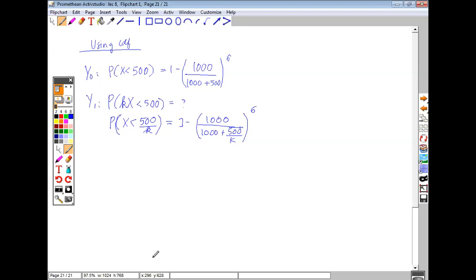If we ignored, we have to keep the 500 constant, then basically we multiply and divide by k. So it will become 1 minus 1000k upon 1000k plus 500. So will our new lambda be 1000k?